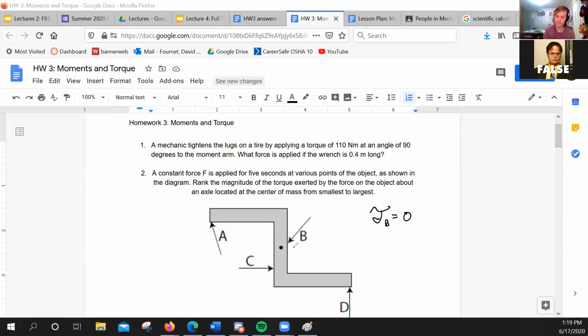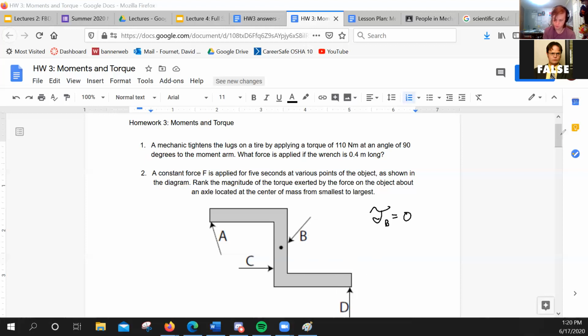And the reason why is the distance is 0. So like if B equals 10, the distance between B and here, because it's passing straight through it, is 0, so it'd be 10 times 0, which equals 0, right? So the torque that B causes is 0.